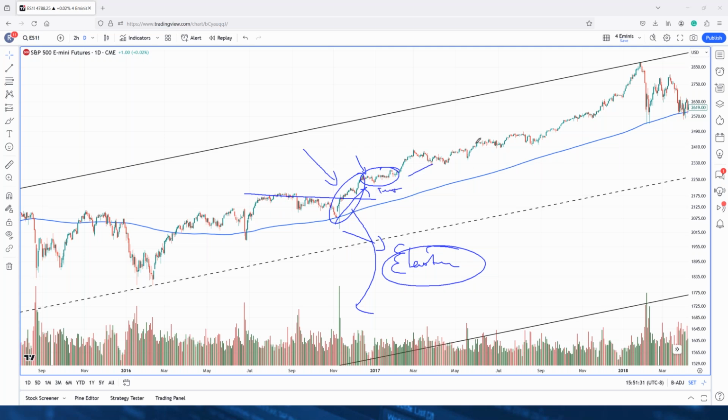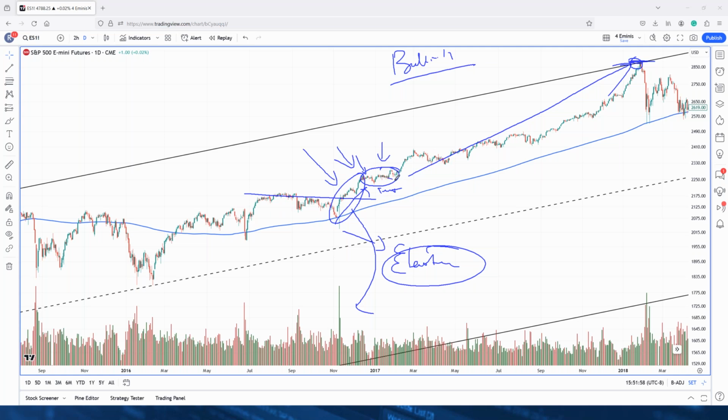And what happens next after the test? Into the highs of 2017, 2018. We're definitely not going to have this type of market. It's going to be different, but we could slightly project the bullishness of the market to the upside, at least for now, just because of the character and how the test unfolds.